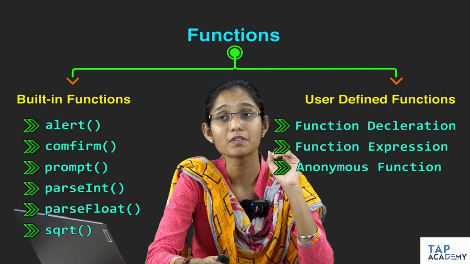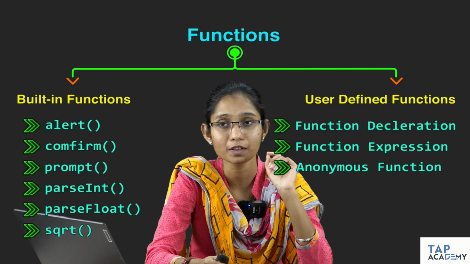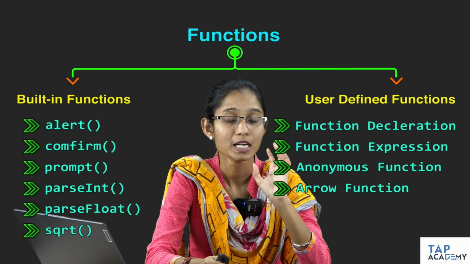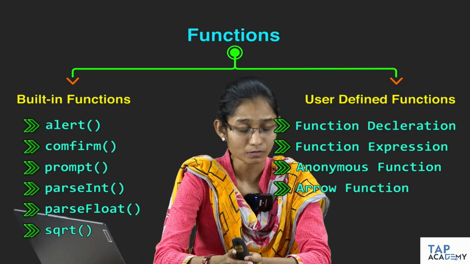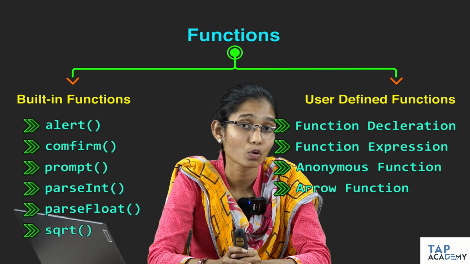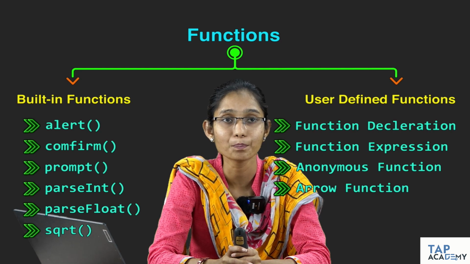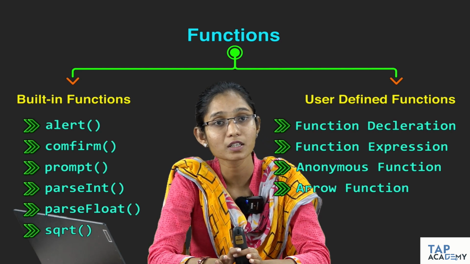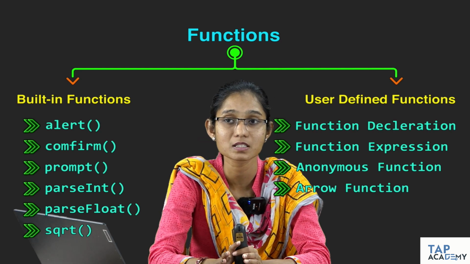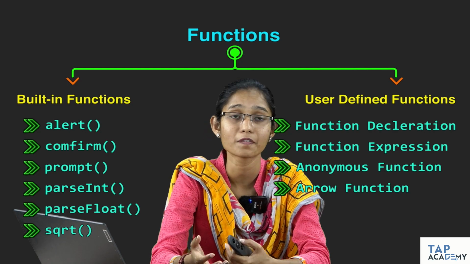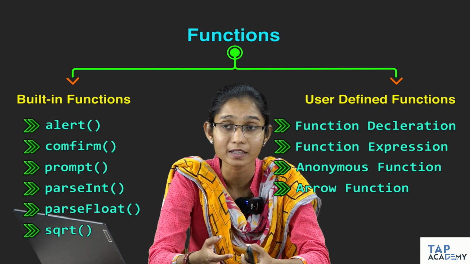And we have one more very important function, which is nothing but an arrow function. See guys, understand, in the last classes also I have already repeated this arrow function, that this is the most important function. Not only in JavaScript, you will also be utilizing this when you go to frameworks like Angular, or libraries like React.